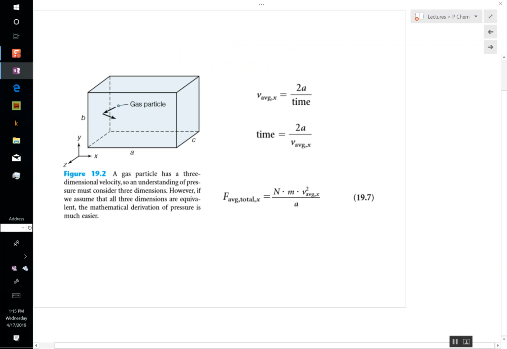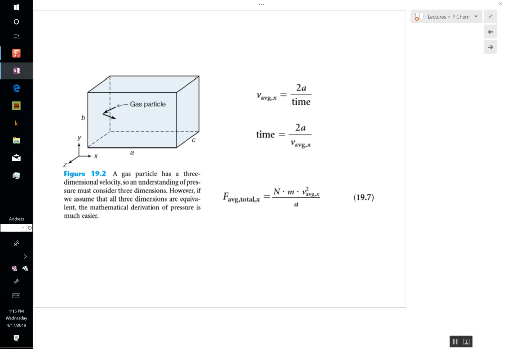All right, now here's the box. So they're looking here now at a certain arena, a certain container, where this individual atom is bouncing around.